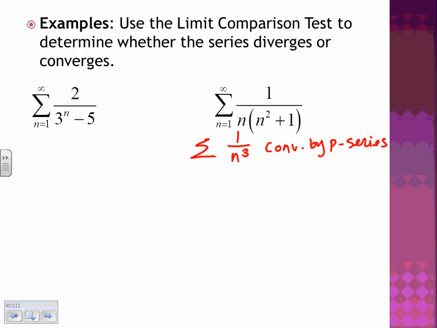All right. So now what, Shane? Keep going for me. Alright, we do 1 over n cubed. The limit as what?